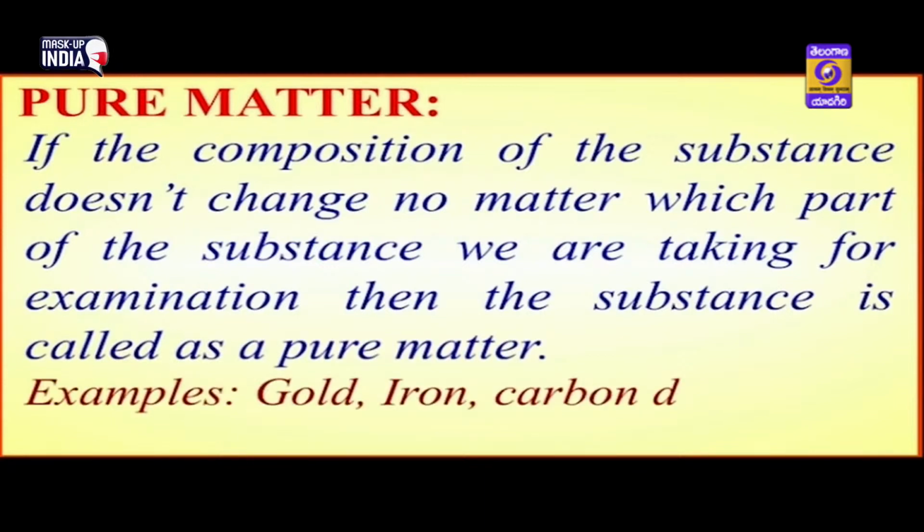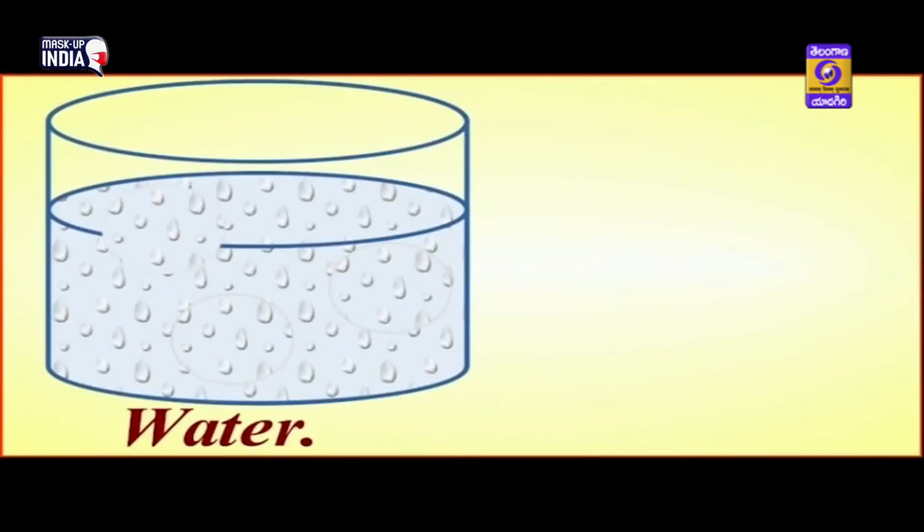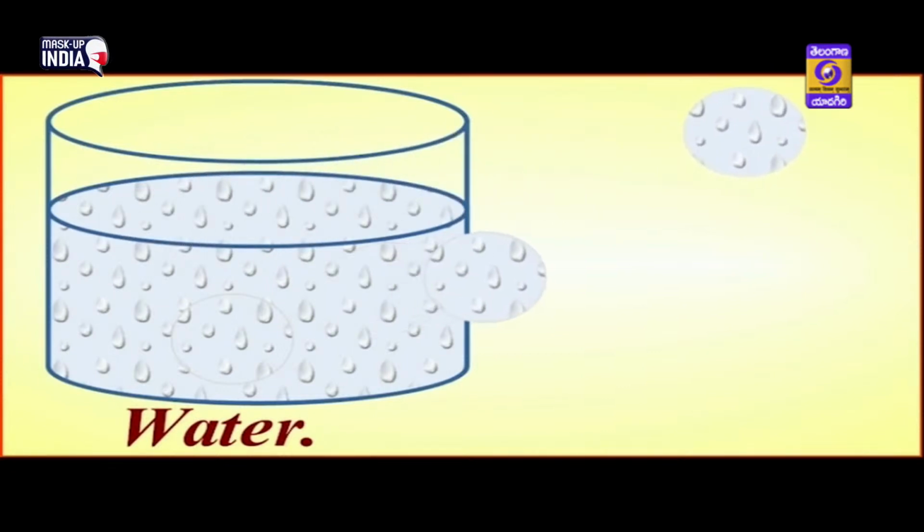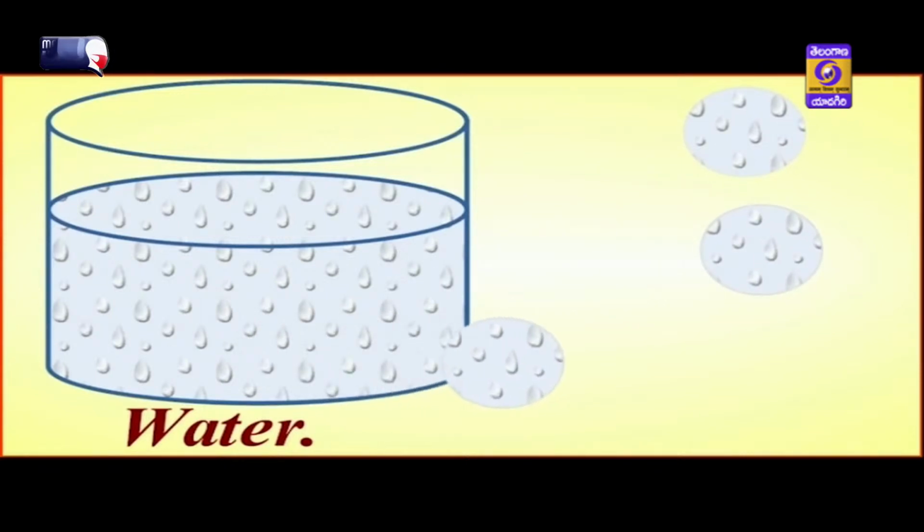Examples: gold, iron, carbon dioxide, water, etc. My dear children, if you take some water in a beaker, wherever you consider the sample of water, the properties of the water do not change. So water is pure matter.